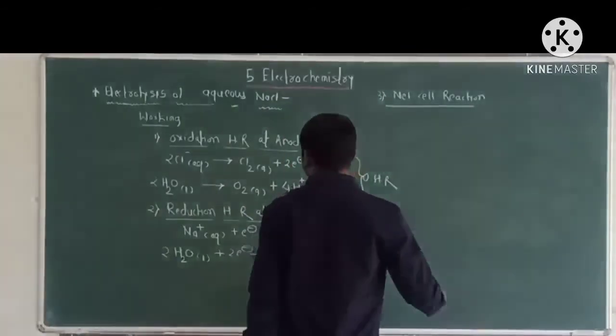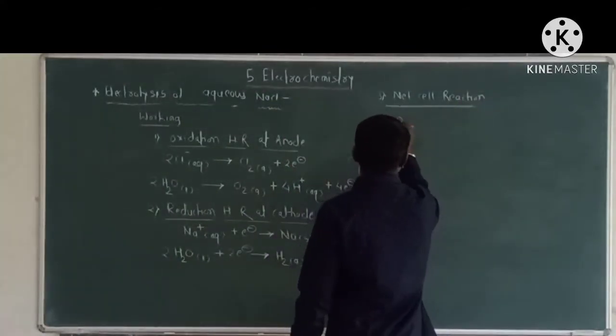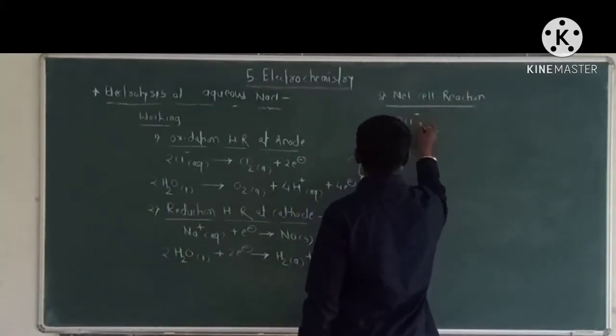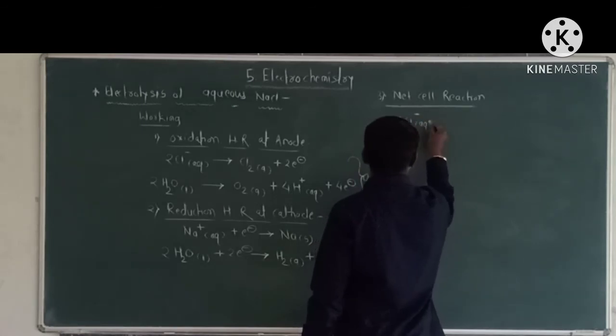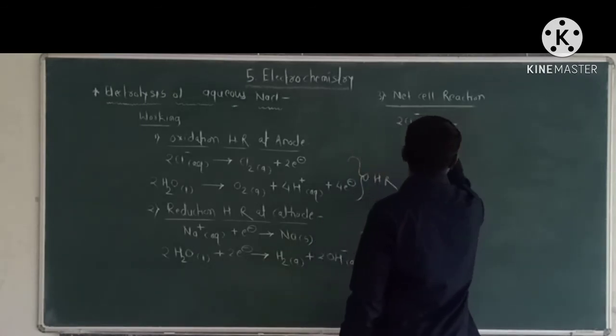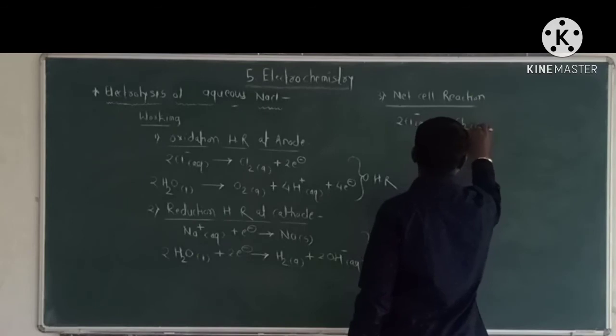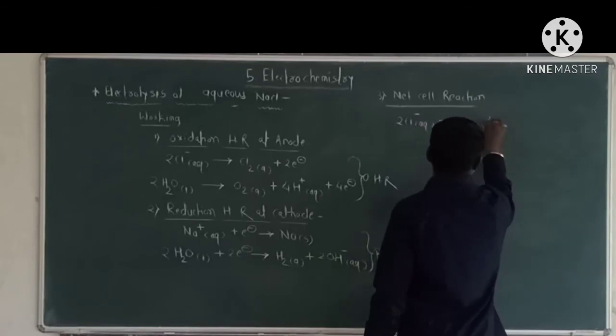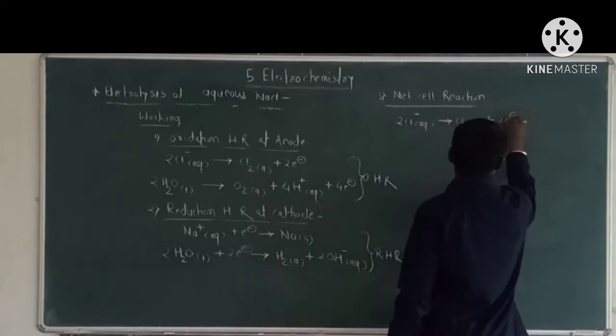Okay. Now 2Cl minus aqueous gives chlorine gas plus 2 electrons.